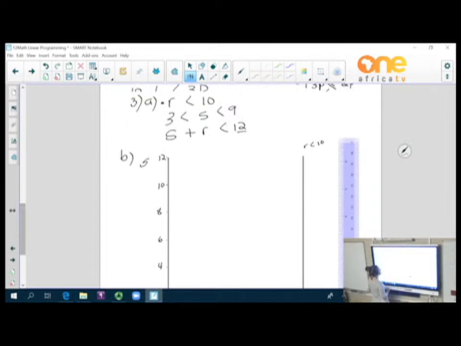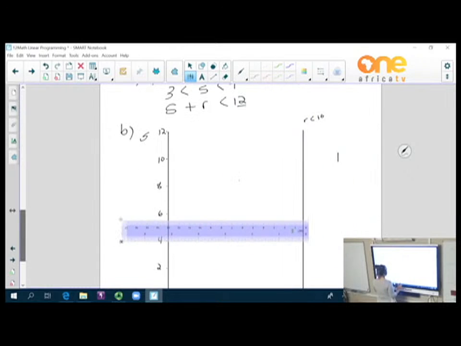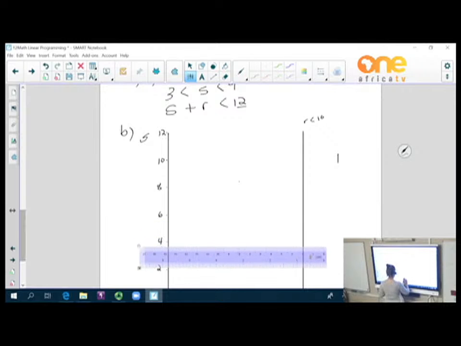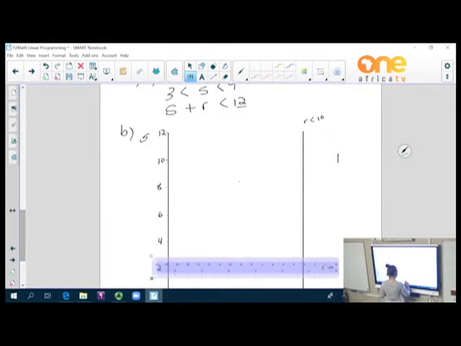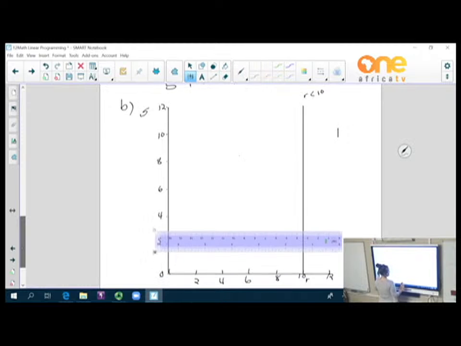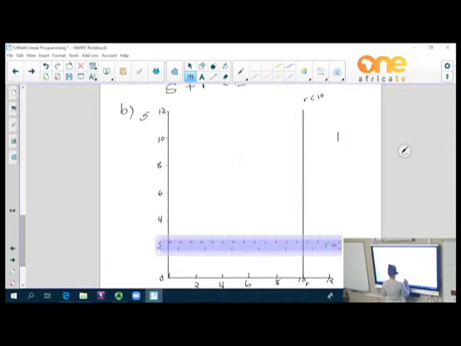Then we have 3 is less than S is less than 9. So we will find 3, which will be somewhere there in the middle. Remember, we will stop at 12. So that is almost in the middle.